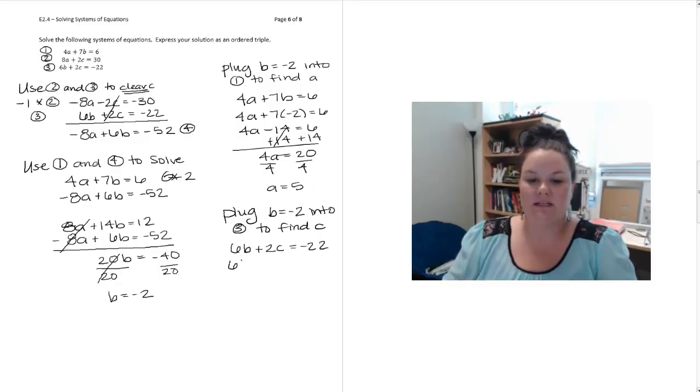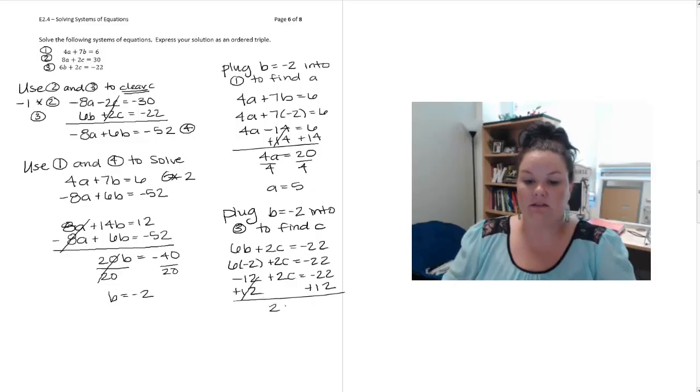So we do 6 times negative 2 plus 2c equals negative 22, which gives us negative 12 plus 2c equals negative 22. I can move my 12 by adding, so I'm going to add 12 to both sides, and I get 2c is equal to negative 10, and then I just divide off my c, which gives me c is equal to negative 5.